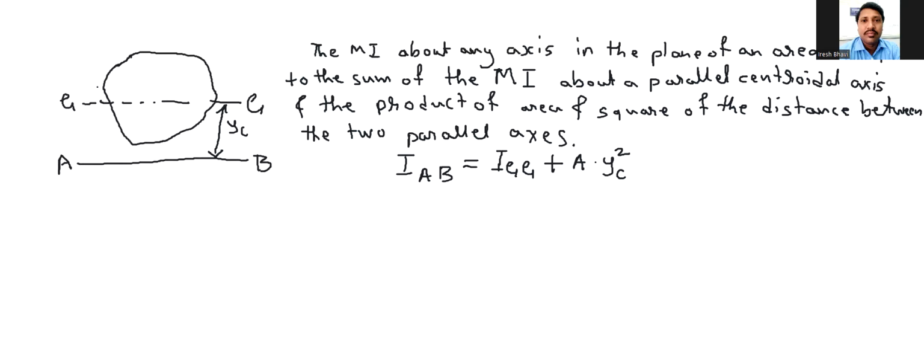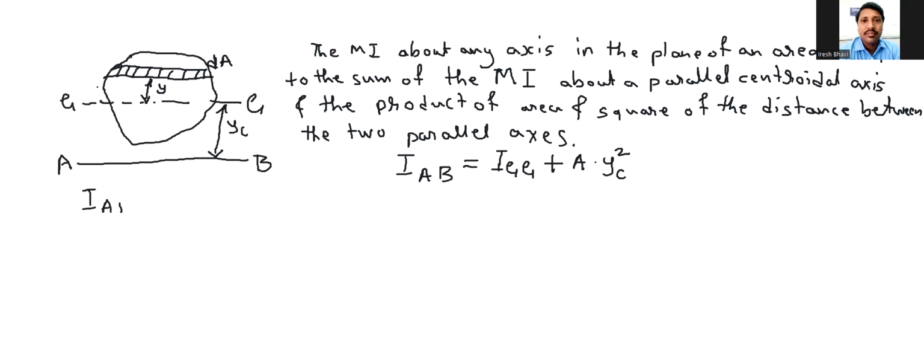Now let us go for a proof of this theorem. Let us consider one small elemental area of the strip whose area is say dA, and let it be at a distance of small y from the centroidal axis. Then what is IAB?